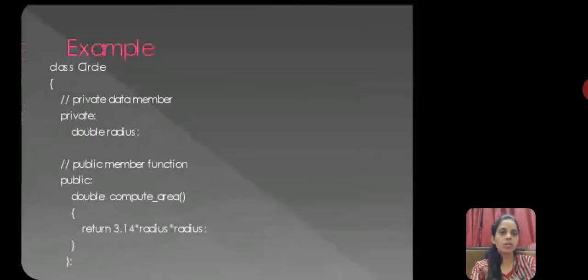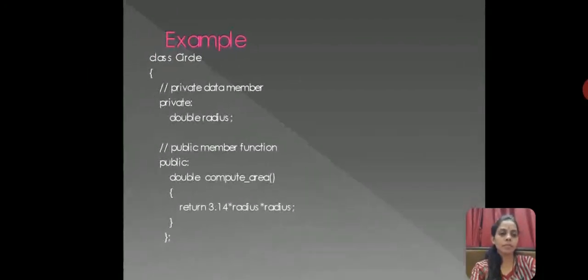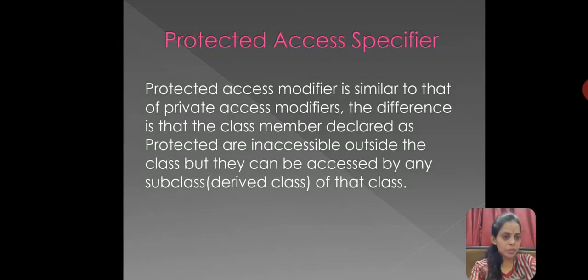Okay. Now the next is the protected access specifier. We will use this protected access specifier during the inheritance chapter. Just see what protected actually means. The protected access modifier is similar to the private access modifier. It is similar, meaning what? It will also not allow access from outside.